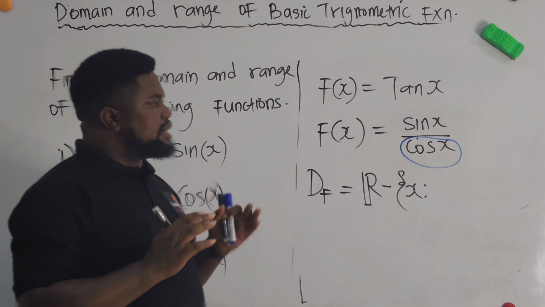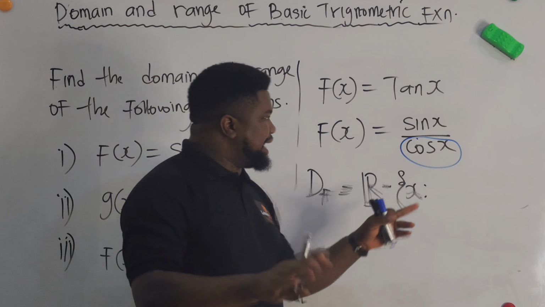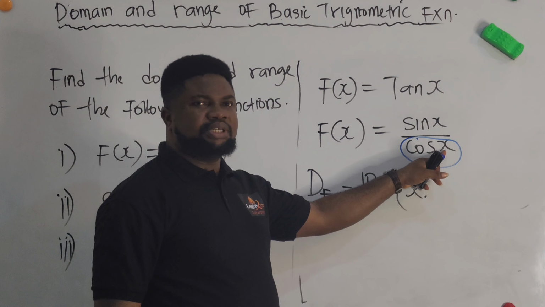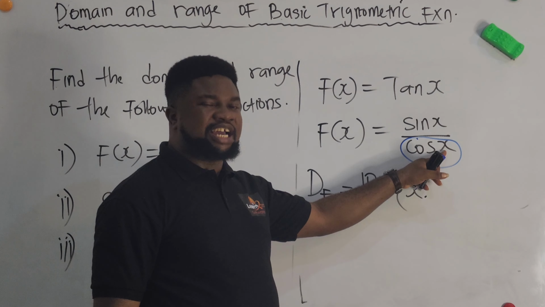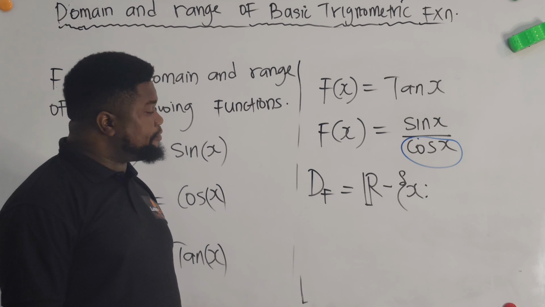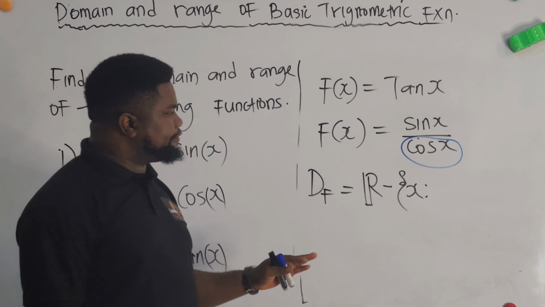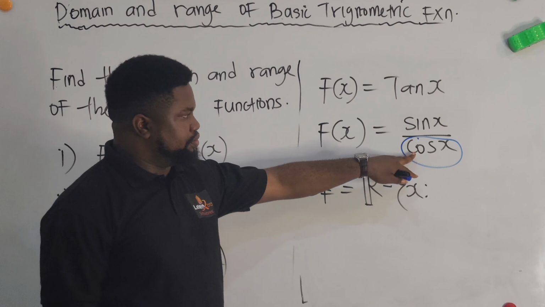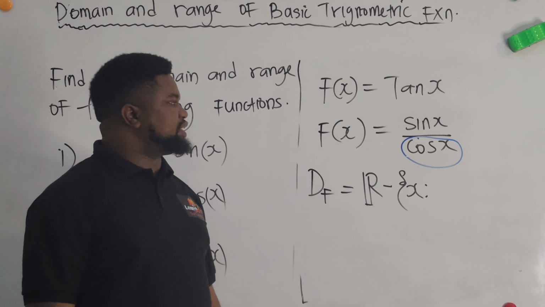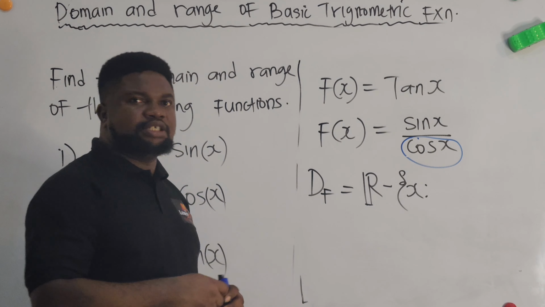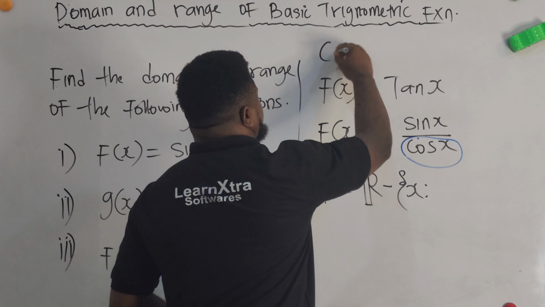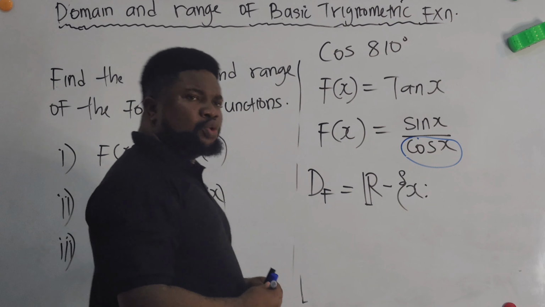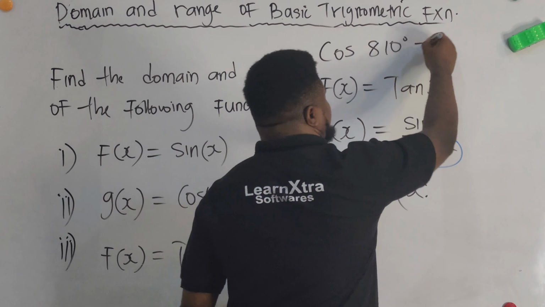Now, actually, it's not only 90 that can make this 0. Apart from 90, we have other numbers that can still make cos x equal to 0. For instance, 810. Check out cos 810 on your calculator. You'll see that the answer is 0.